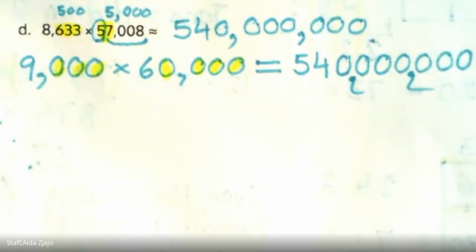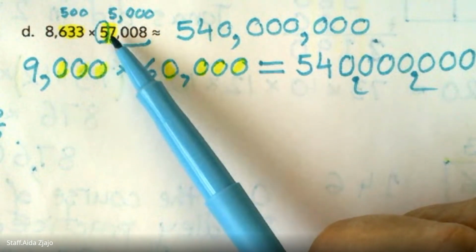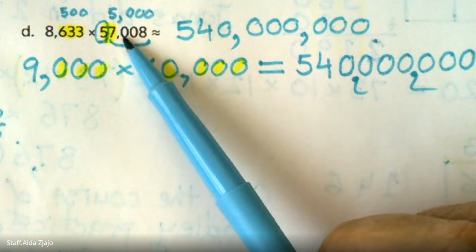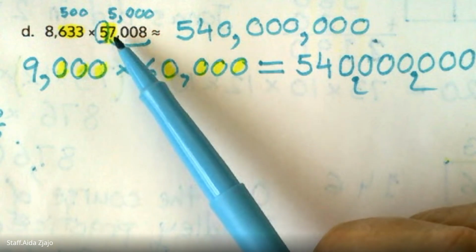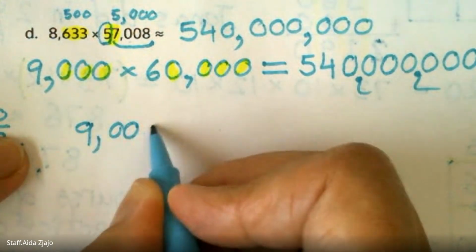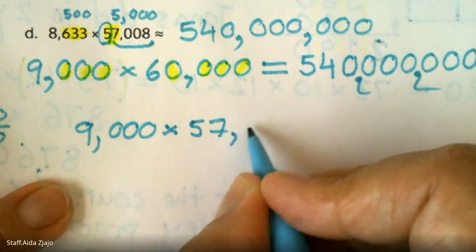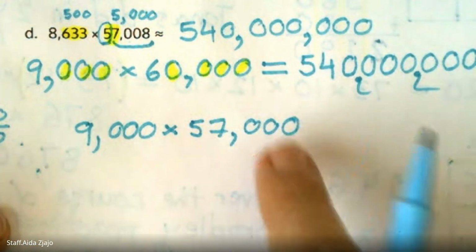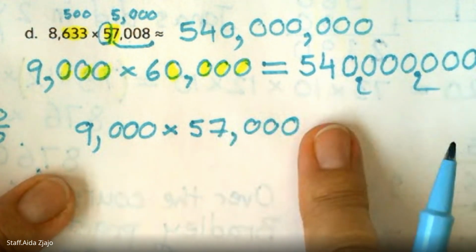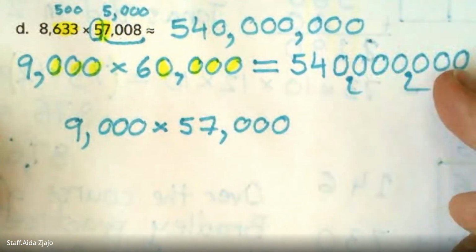In case you wanted to round to the nearest 1,000, then you look at the hundreds. You don't have any, so it should stay like 9,000 times 57,000. So then you can multiply 57 times 9, and that will give you a closer estimate than this one.